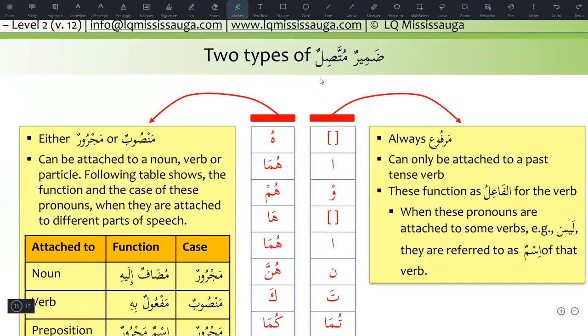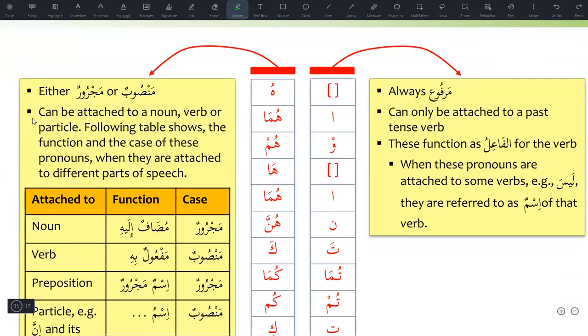And there are two types of damir muttasil. Number 1, either majroor or mansub, like "hu," "huma," "whom."